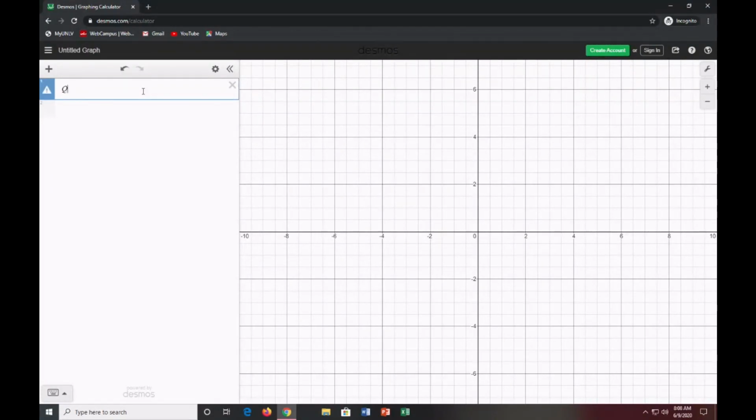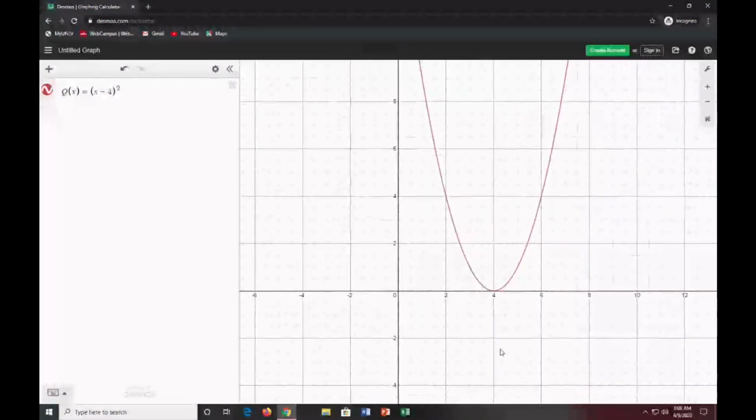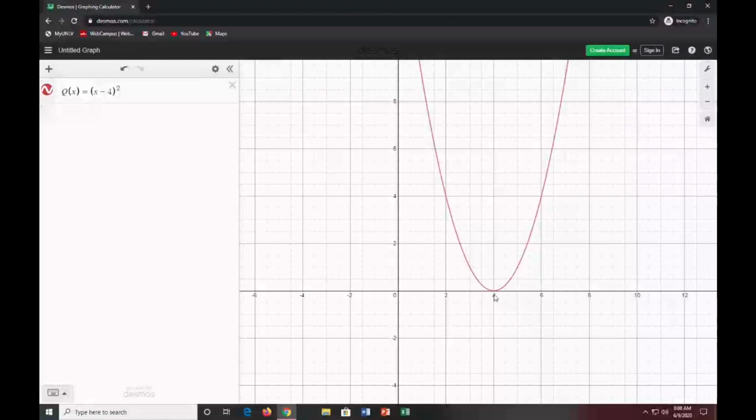So we had q of x, or f of x, it makes no difference, x minus 4 squared, like that. So notice that's the vertex, 4 comma 0. And let me switch to the projection mode so you can probably see this better.